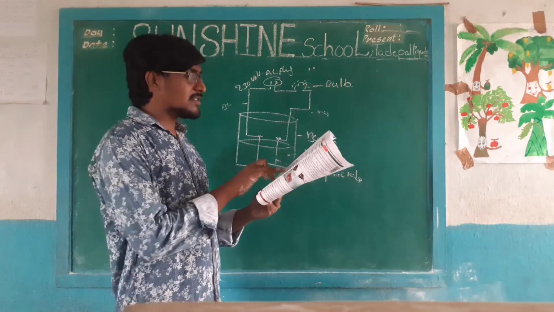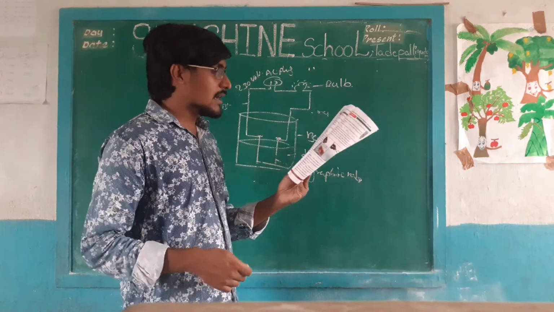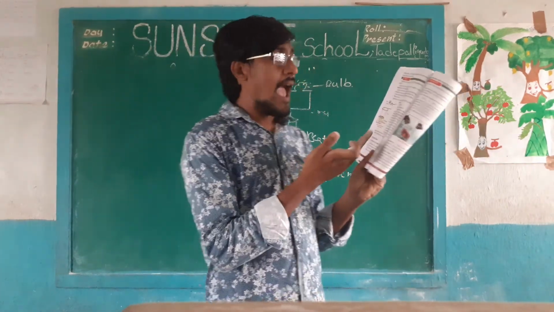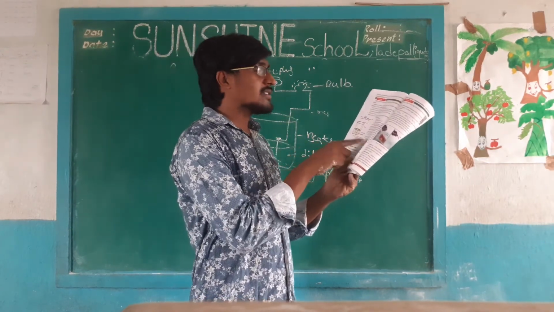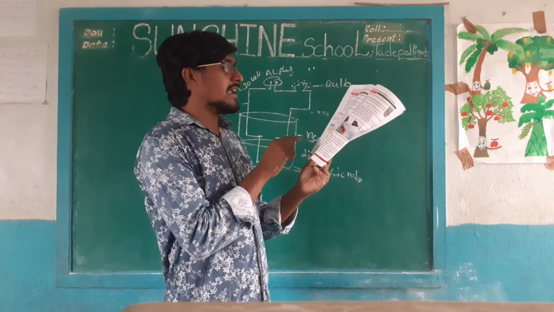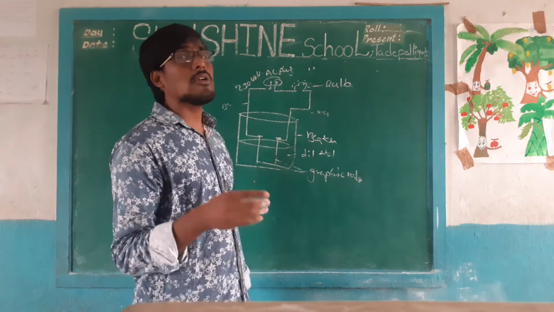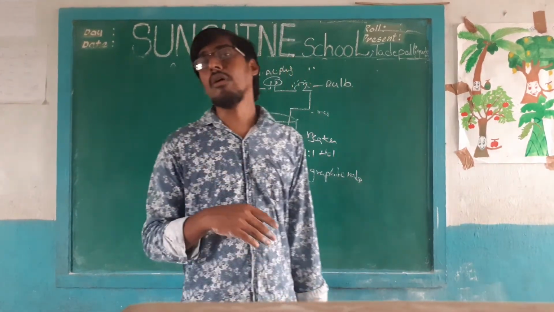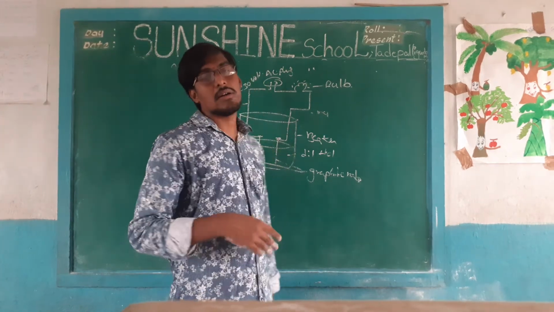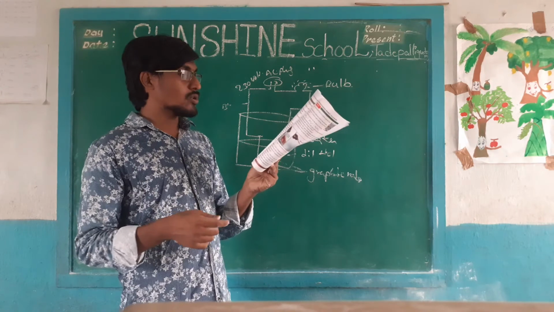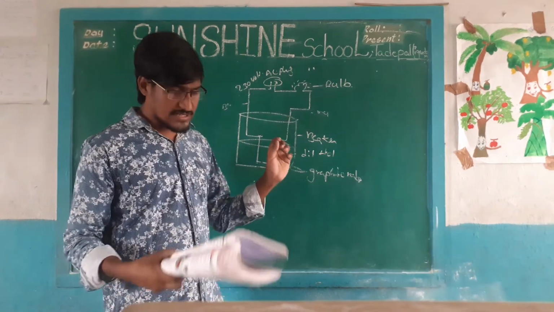This suggests that the acid produces hydrogen ions in the solution, which are responsible for its acidic properties. In glucose and alcohol solutions, the bulb did not glow, indicating the absence of hydrogen ions. So the bulb does not glow. Acidic character is attributed to the H plus ions produced in the solution.